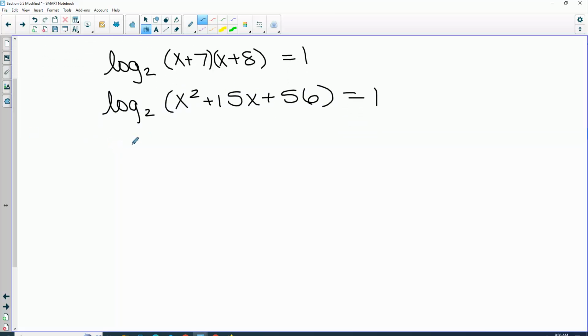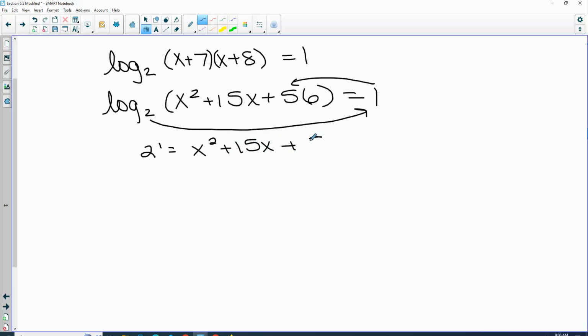Then, what do we do? Change it to exponential. So 2 to the first power equals x squared plus 15x plus 56. 2 to the first is just 2, so if you subtract that over, what multiplies to 54 and adds to 15?